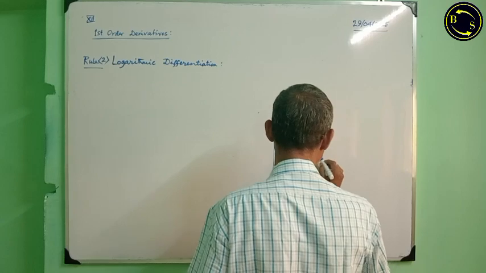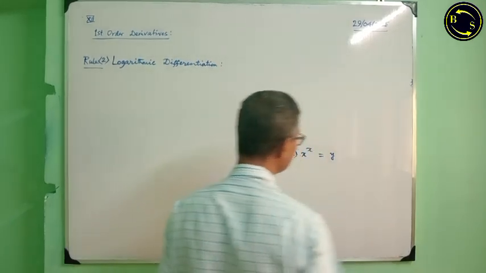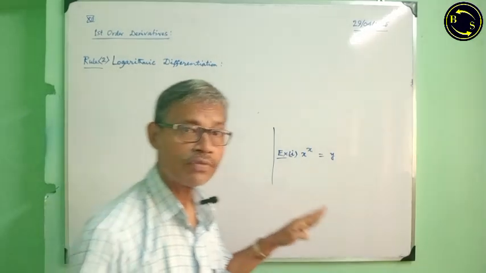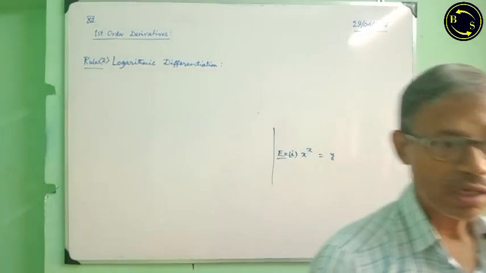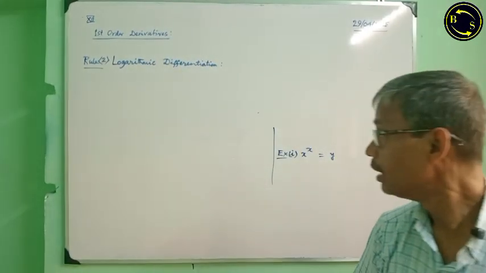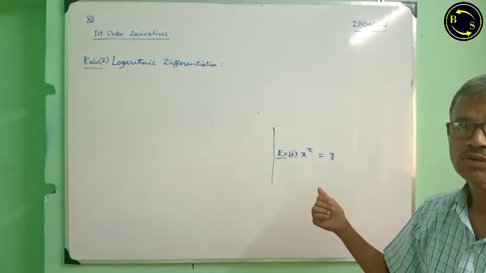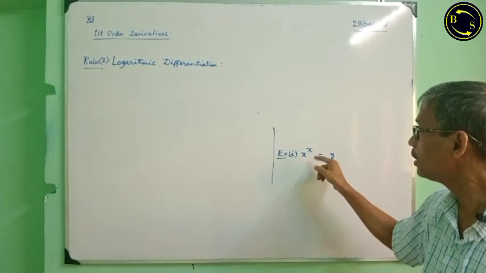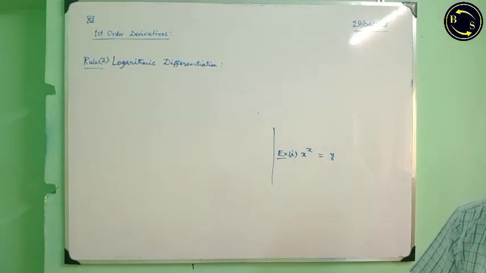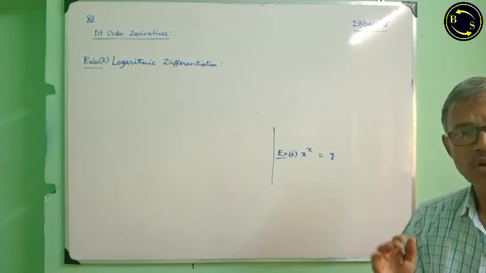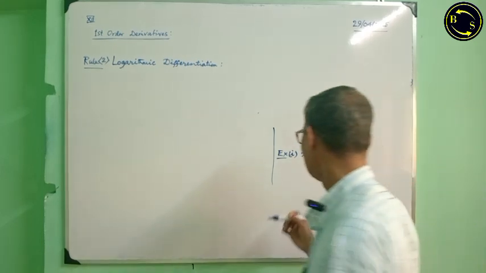We first take x to the power x equal to y. First you carefully see whether the power is a mere number or a function. When you see the power is a function of x, then we must apply logarithmic differentiation.